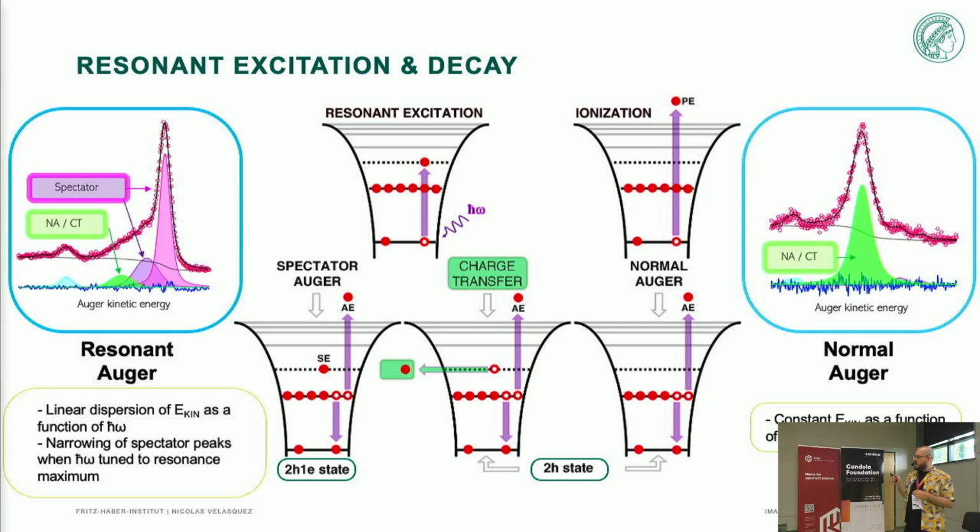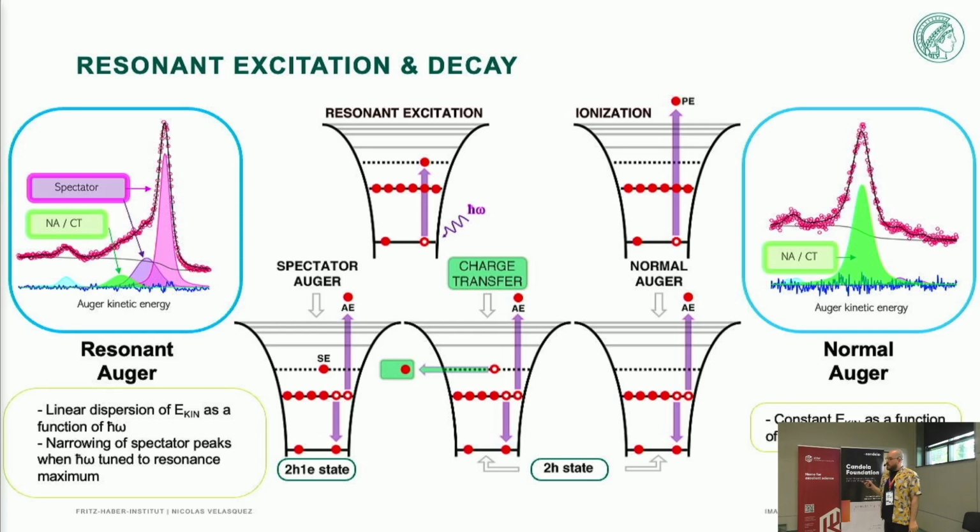Now, taking advantage of the capabilities of a synchrotron, namely that you can core-excite an electron from a core orbital and promote it to an unoccupied molecular orbital, you will put this electron in this orbital, and we will call it the spectator electron. Now, the system in this case may decay in two ways.